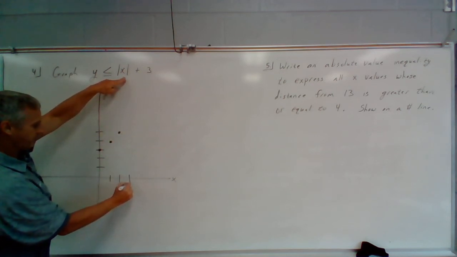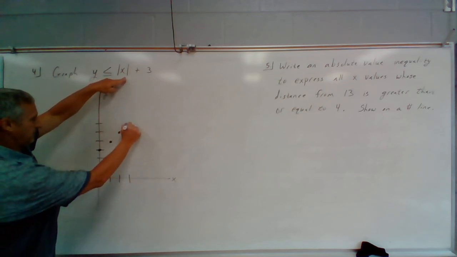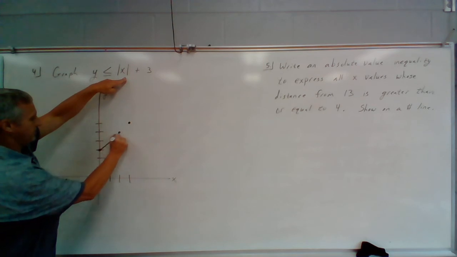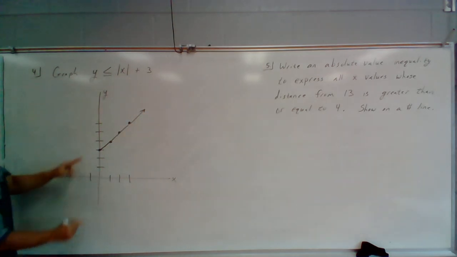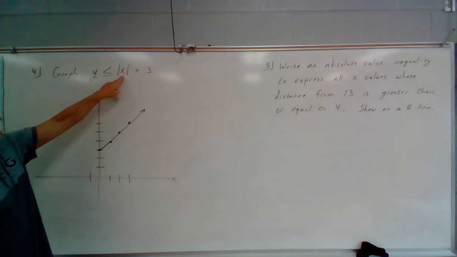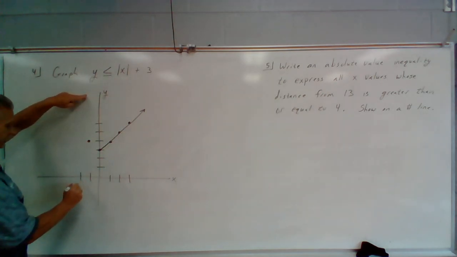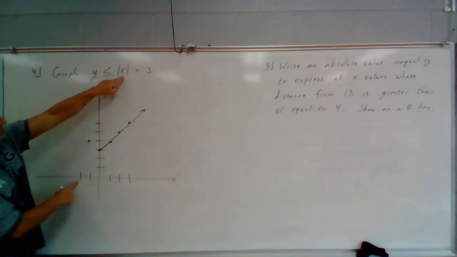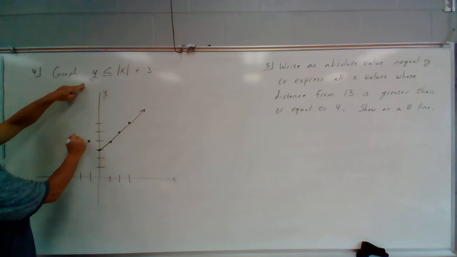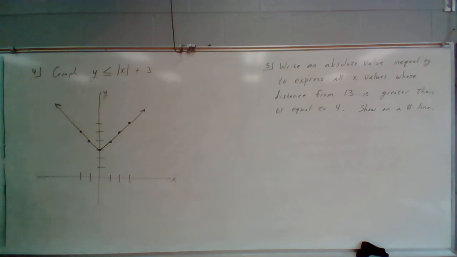If I plugged in a 3, 3 plus 3 is 6. So we get this. Over here, if I plug in -1, absolute value of -1 is 1, 1 plus 3 is 4. And you probably realize what's going to happen. Absolute value of -2 is 2, 2 plus 3 is 5. So you see we get that.